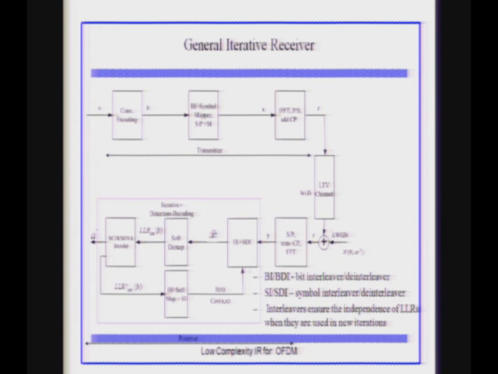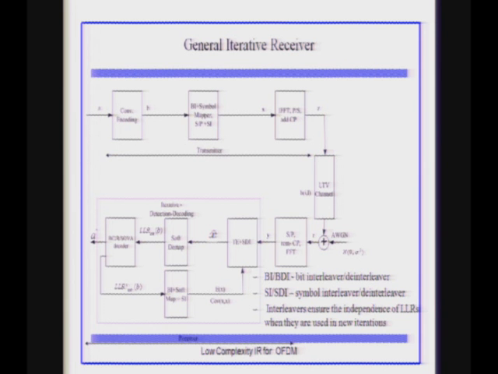Then they are interleaved, and the interleaved coded bits are mapped onto symbols, and N of them, where N is the size of the FFT, are grouped together and optionally interleaved. Then it goes through an IFFT, this is the standard OFDM transmitter, and then it is prepended with the cyclic prefix. In the baseband, that's the story.